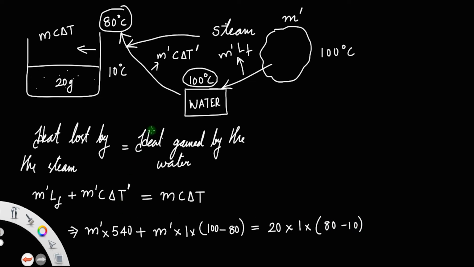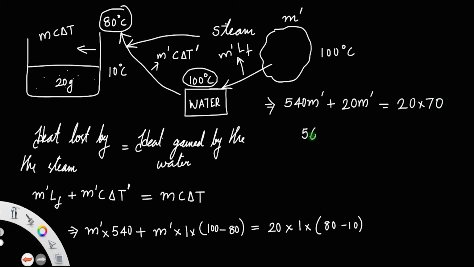So solving, you get 540 m dash plus 20 m dash is equal to 20 times 70.